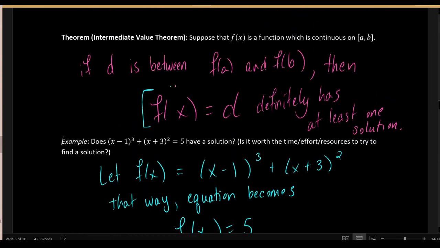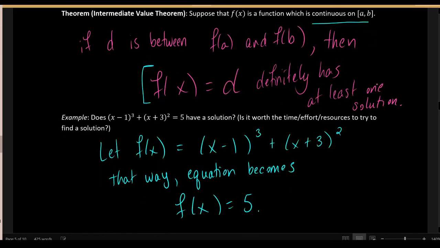So, still inspired by the intermediate value theorem, I'm going to try and trigger some of the conditions that would allow this theorem to be used. And there are really two conditions here that need to be satisfied in order for the conclusion of the theorem to kick in. The first thing that needs to be true is that I need to make sure that the function called f of x is continuous.